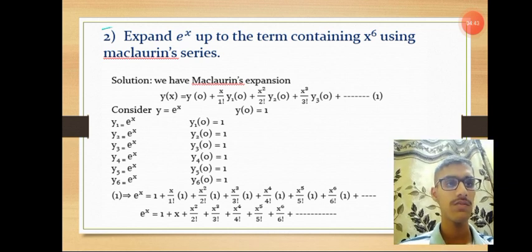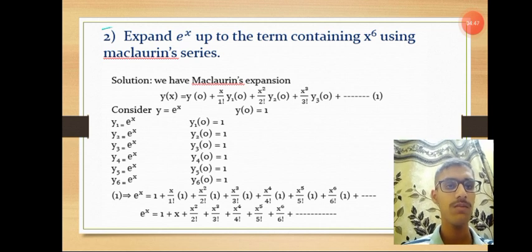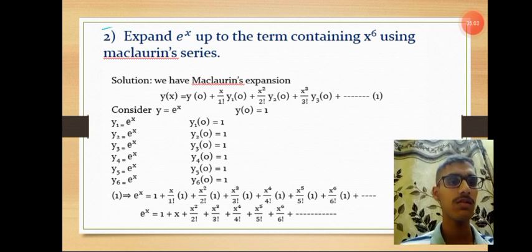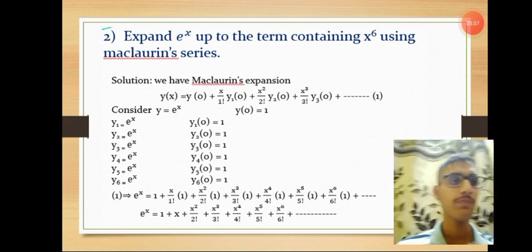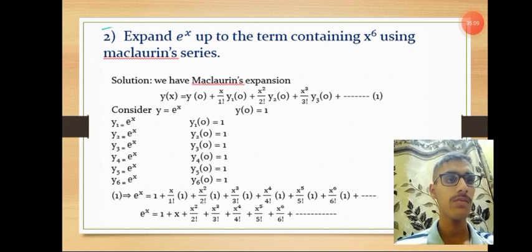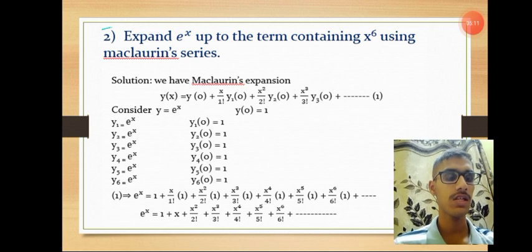And then by simplifying we get e to the power x equals 1 plus x plus x to the power 2 divided by 2 factorial plus x to the power 3 divided by 3 factorial plus x to the power 4 divided by 4 factorial plus x to the power 5 divided by 5 factorial plus x to the power 6 divided by 6 factorial. You can also simplify the factorial form and write the numerical values exactly.